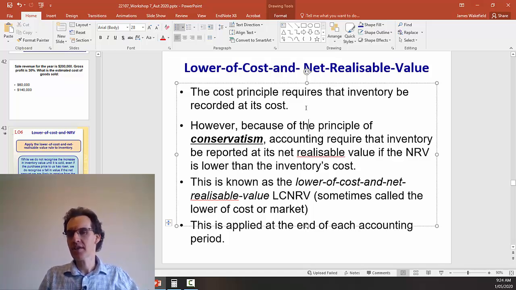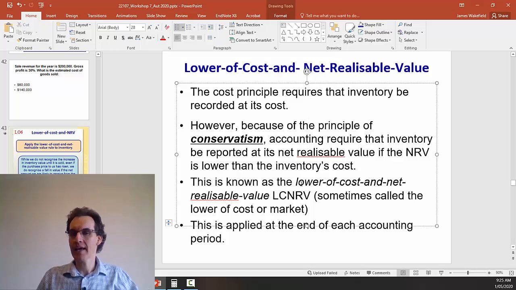However, because of the conservatism principle, we don't want to mislead financial statement users as to the value of our inventory on hand. So if the value of the inventory on hand does decline and does fall below what we paid for it, then we need to report that lower inventory cost.